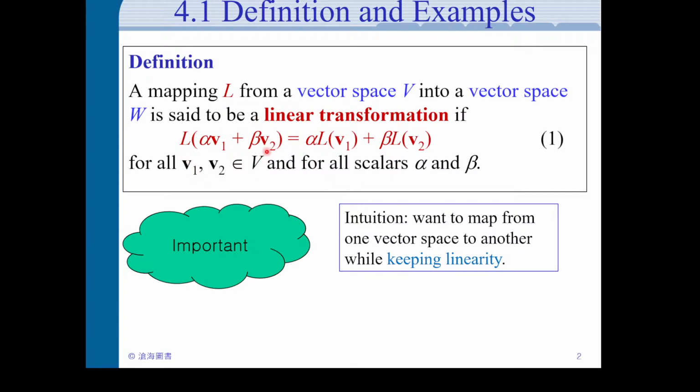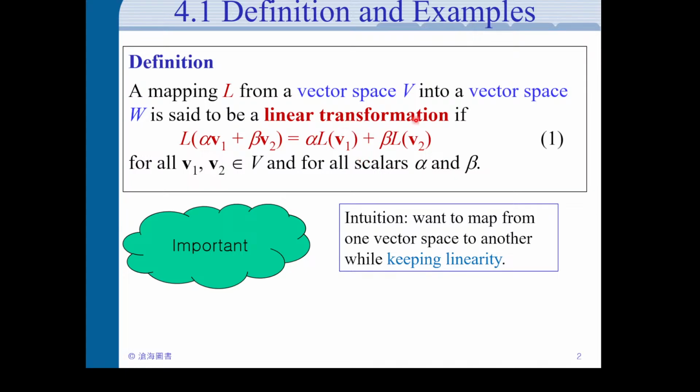So if you have two vectors, v1 and v2, in this first vector space V, and you want to use this mapping to map them to something inside W, you want to keep the linear structure of the vector space V. Vector space V has this linear structure; you can do linear combination on V, and W is also a linear space with a linear structure.